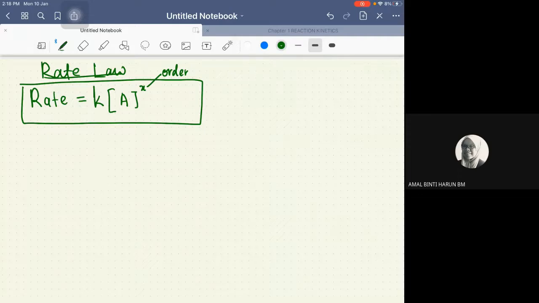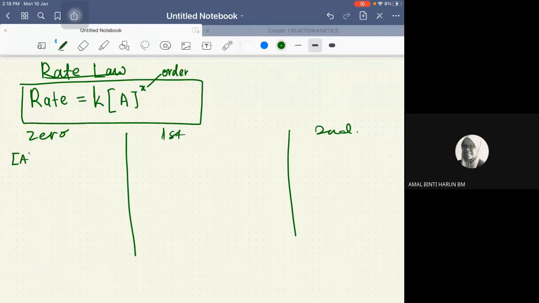Okay, sekarang kita nak tengok bagaimana order tu mempengaruhi rate. Sama ada rate tu terkesan atau tidak terkesan. Dalam silibus kamu, kamu hanya belajar 3 je, iaitu zero order, first and second order. Kalau zero, let's say, initial concentration of A adalah 1 molar.